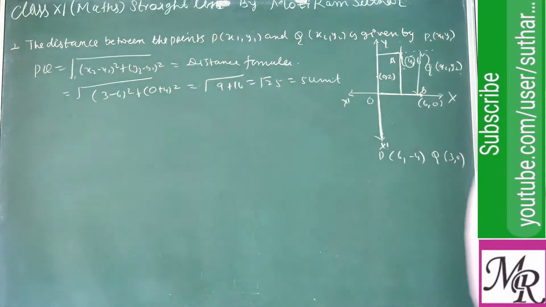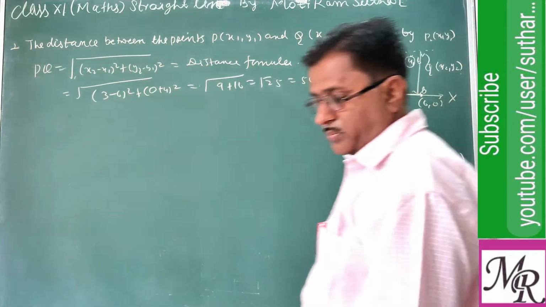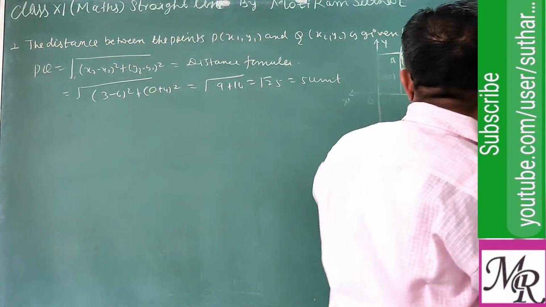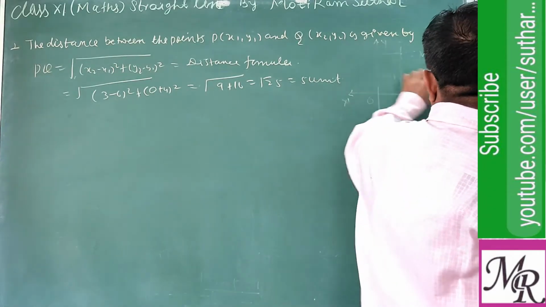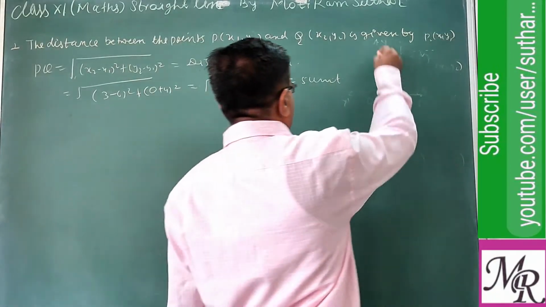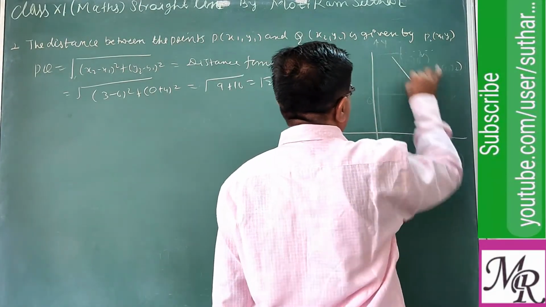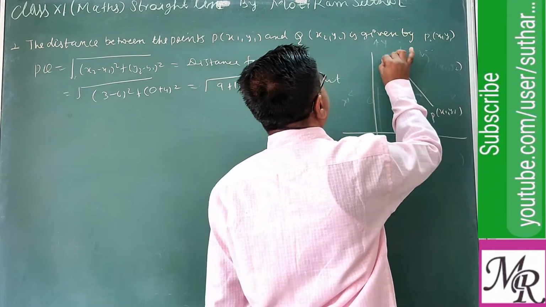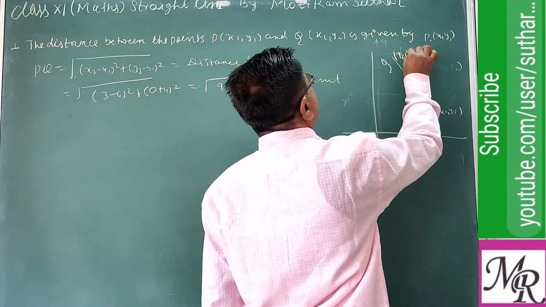Similarly, we can also find the coordinates of a point which divides the line joining the given 2 points in a given ratio, that is the section formula. One more we have to see. Suppose this is P with x1, y1, this is Q with x2, y2.